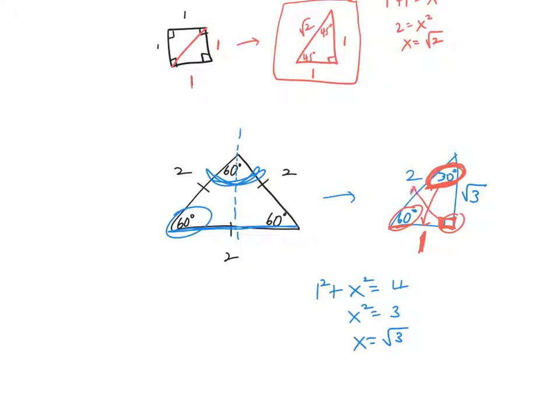Daddy eats 2 servings of food. And then 60 degrees, the one that's in the middle, is the mom. Mom is vegetarian, so she eats the root. She eats the square root of 3. So again, baby eats 1 serving, dad eats 2 servings, mom is vegetarian, eating the square root.